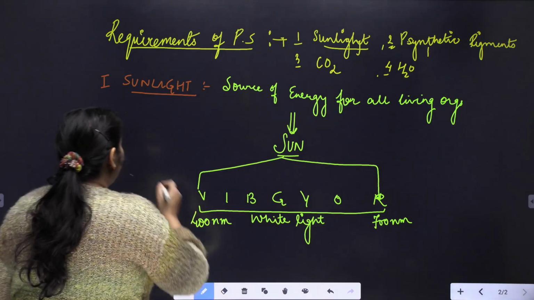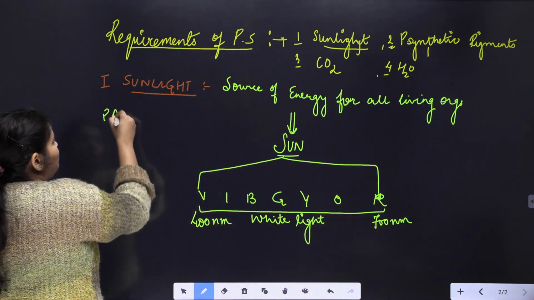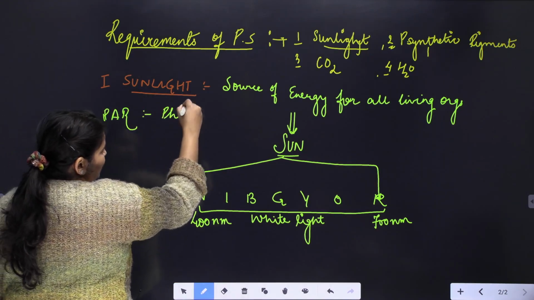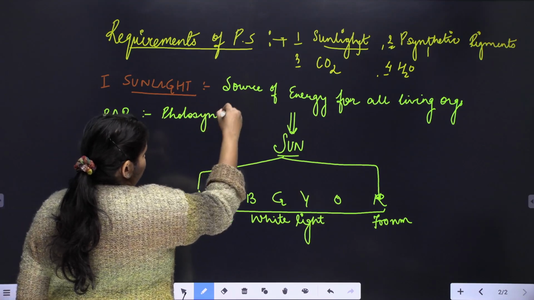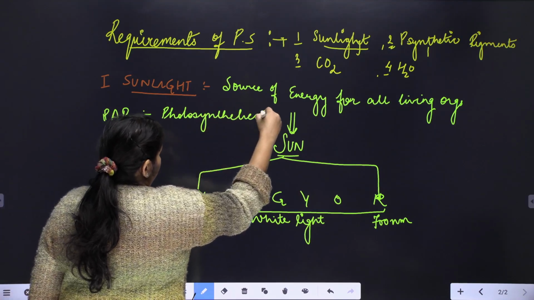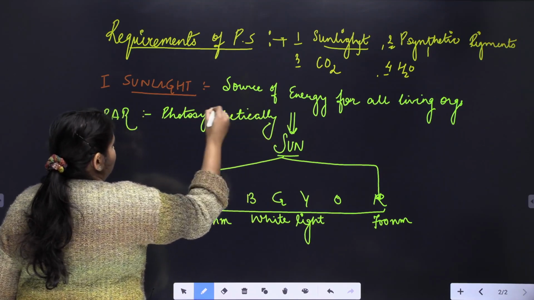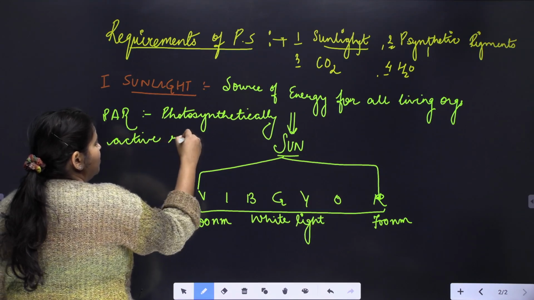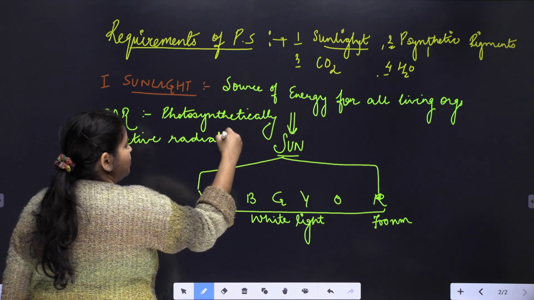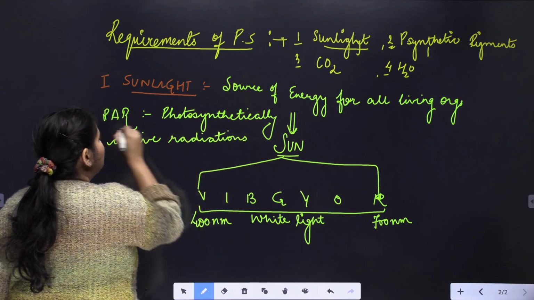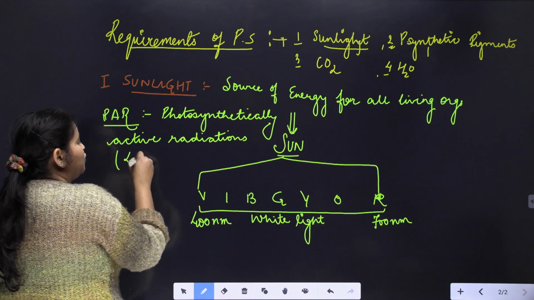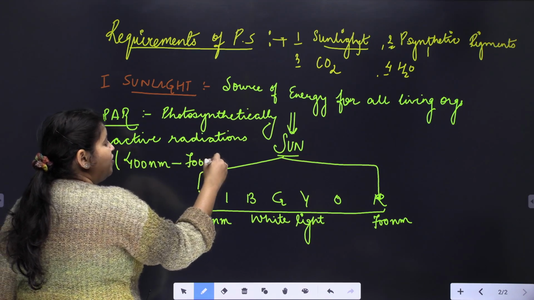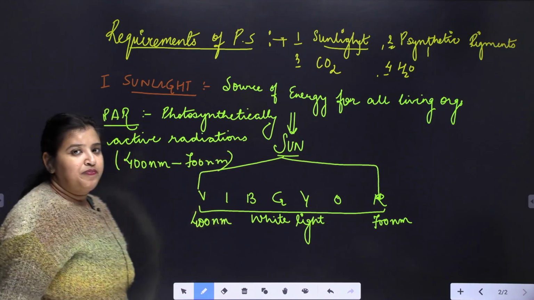That is why this wavelength is known as PAR, photosynthetically active radiation. And the range of this photosynthetically active radiation is 400 nanometer to 700 nanometers.